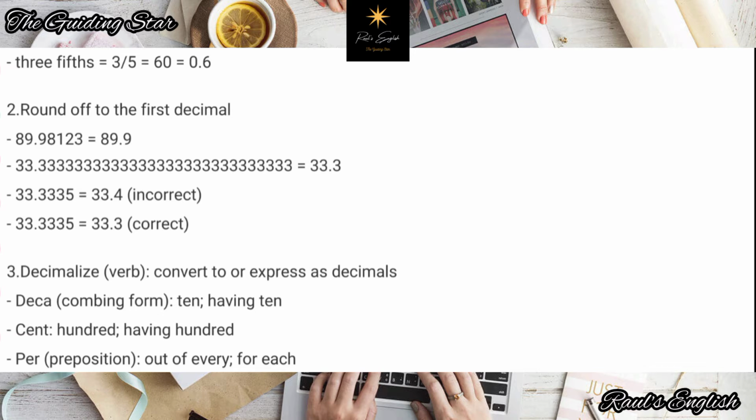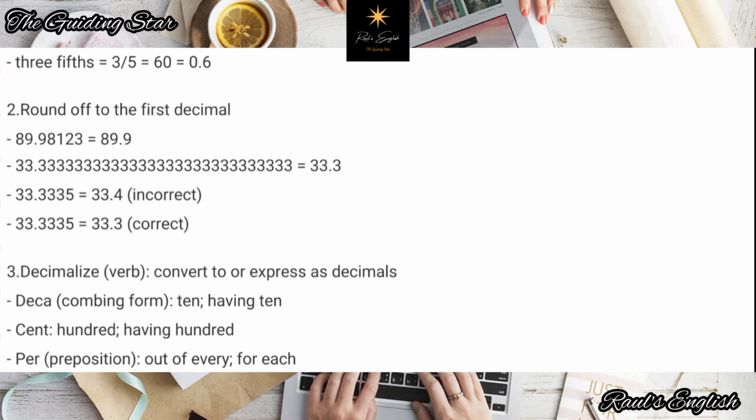Let's see the first example. 89.98123 rounded off to the first decimal makes it 89.9. It has been rounded off to the first decimal. That is the first decimal. Second example, 33.33333333.